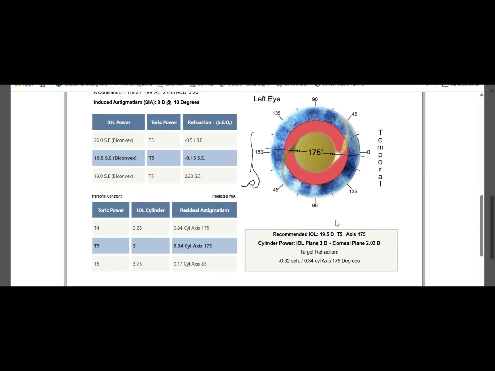The thing that I would like to draw your attention to is again this picture of the eye. What it is telling us is where you have to place the T5 model, right? So the T5 model has to be placed at an axis of 175 degrees. You can see over here, it has to be placed at an axis of 175 degrees, right?